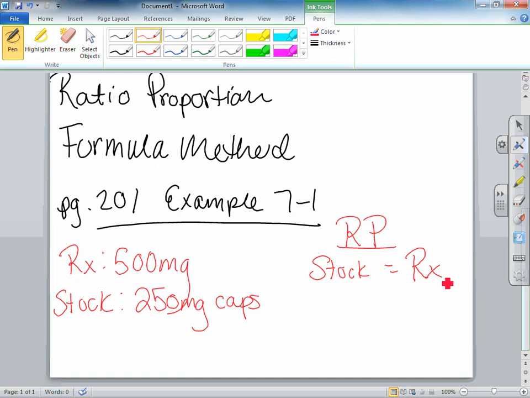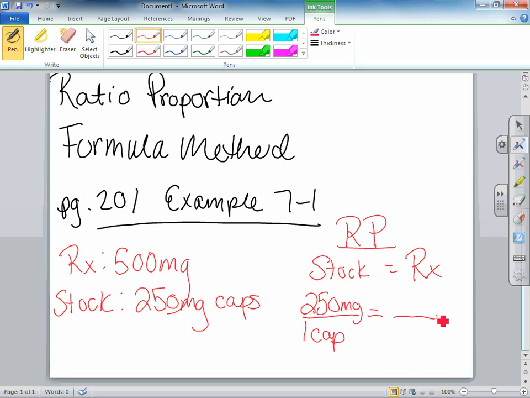So I will set my problem up. What I have in stock is 250 milligrams per 1 cap equals, on the right-hand side, and the units have to match the left-hand side.